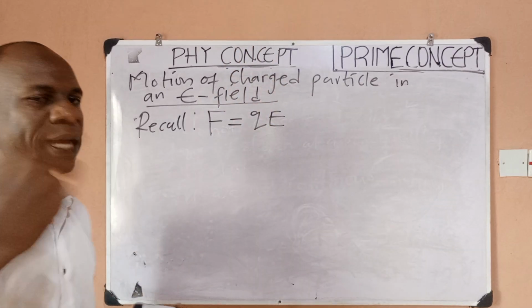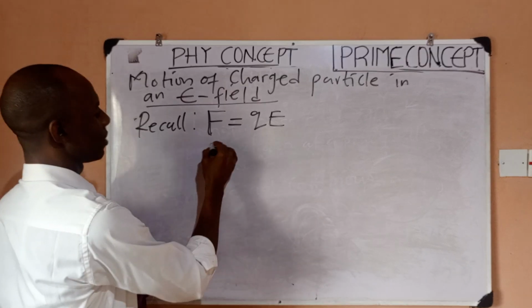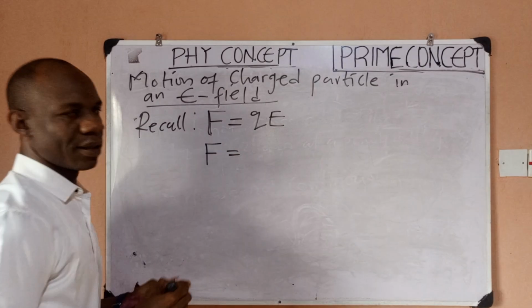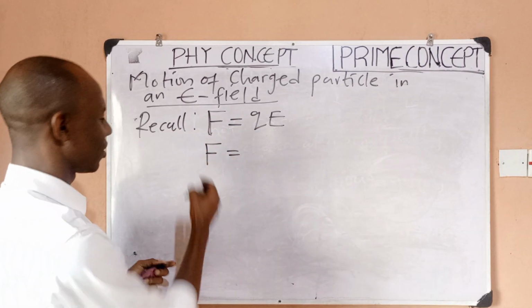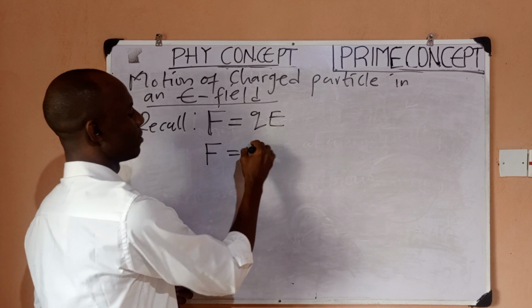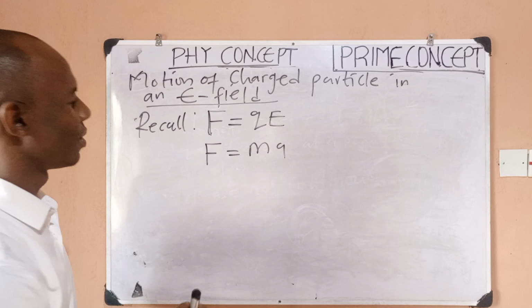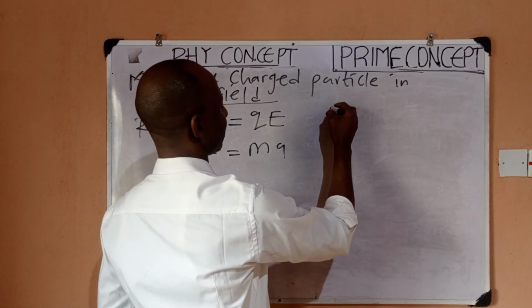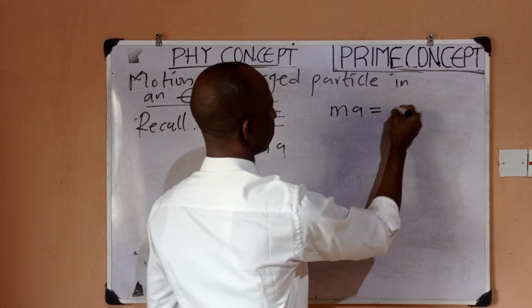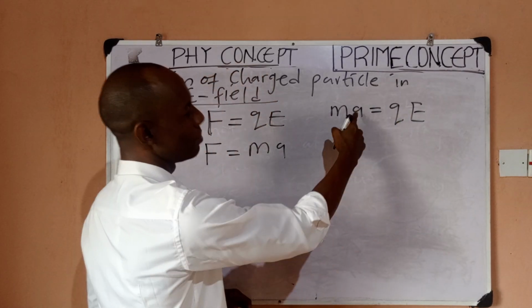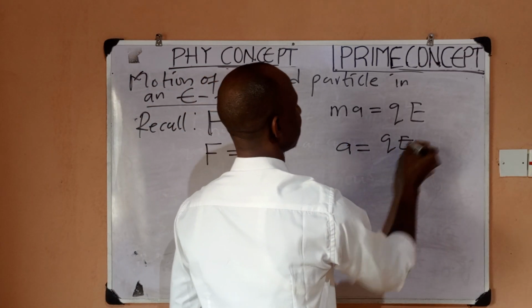And from dynamics, you would also recall that if the particle is moving, then it will have an acceleration, so the force experienced is given as ma. So if you equate these two quantities, ma is equal to QE. If I make a the subject of the formula, I would have that a is equal to QE divided by m.